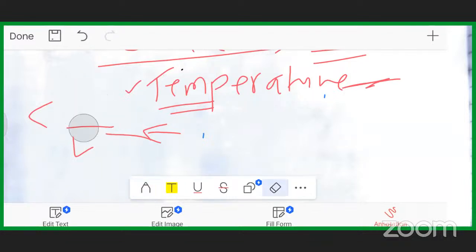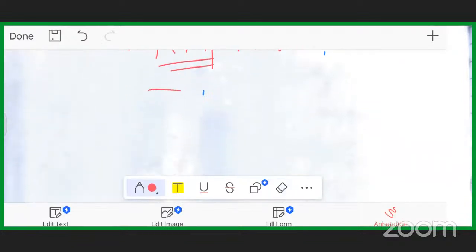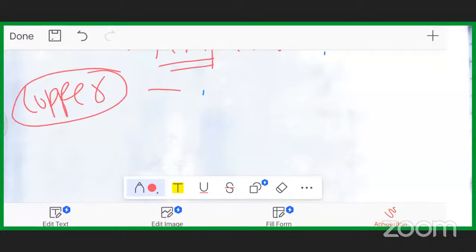Now, assuming that we keep the temperature constant and the nature of the material is the same, for instance, let's pick a copper wire at the same temperature. Other things that will affect the resistance will be the dimensions of this copper wire.